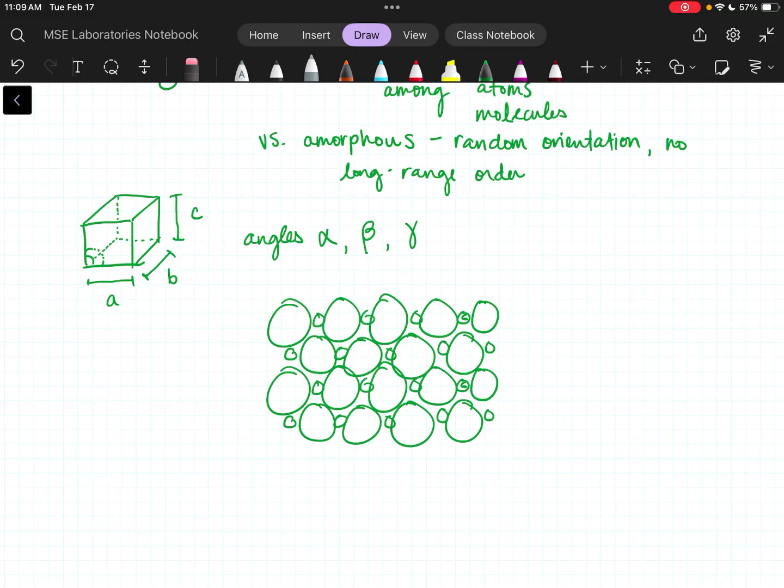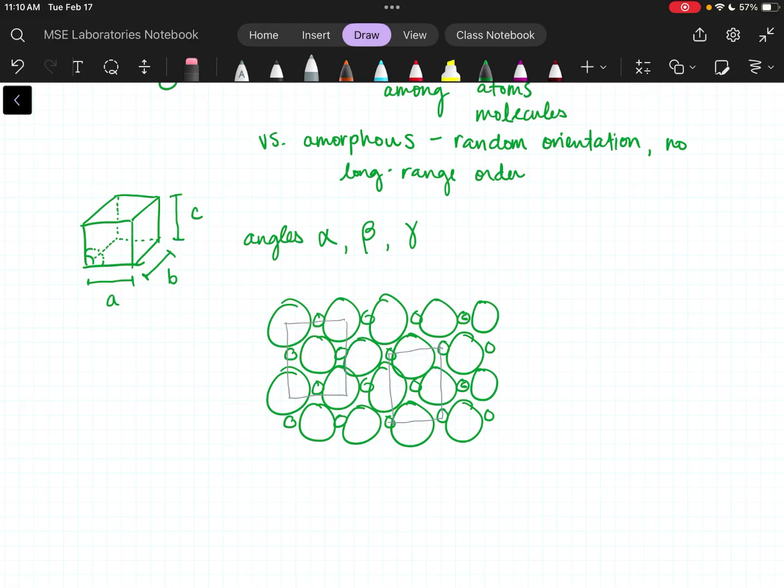Would you be able to identify my two-dimensional unit cell in this? Just like this. Then like this. It would go from same atom to same atom, like this. It could also go from small atom to small atom.